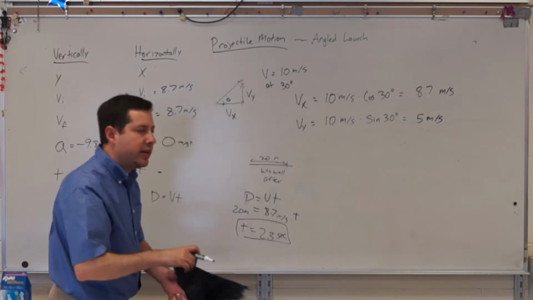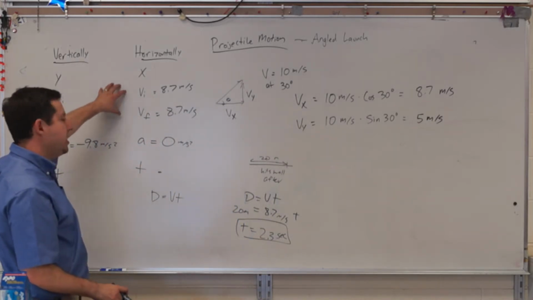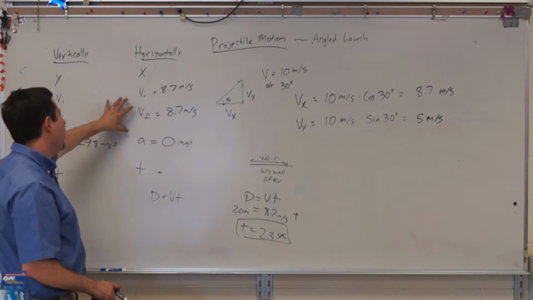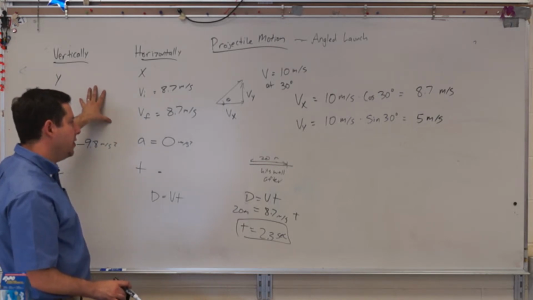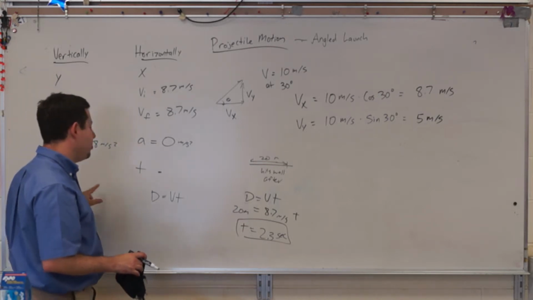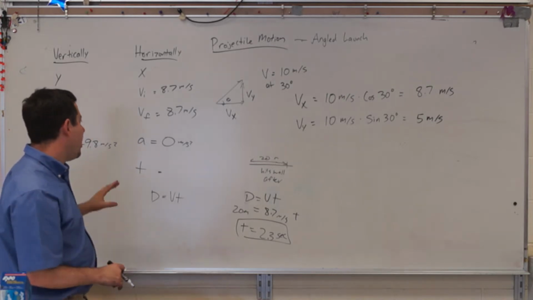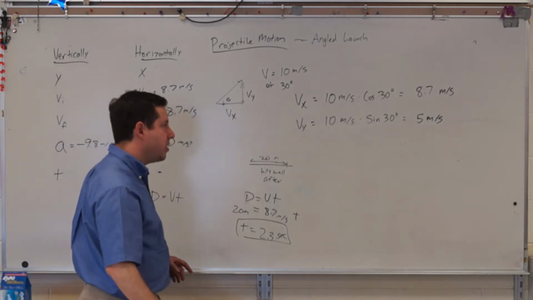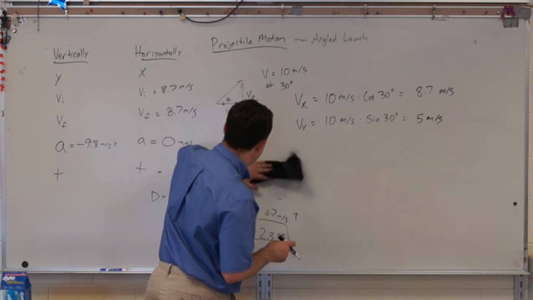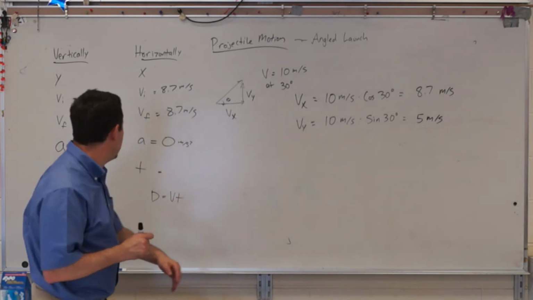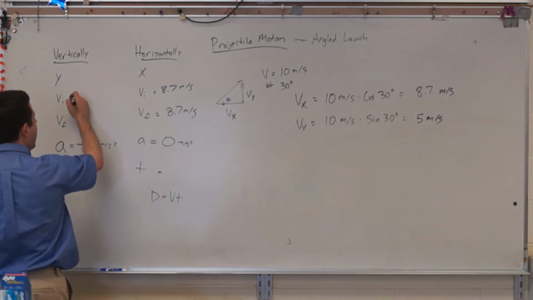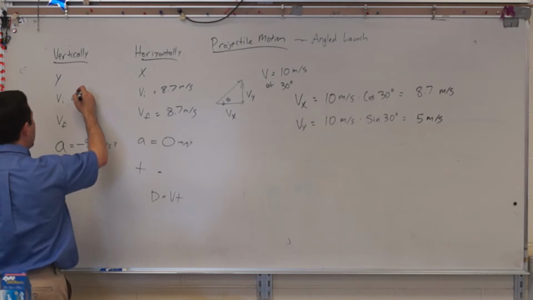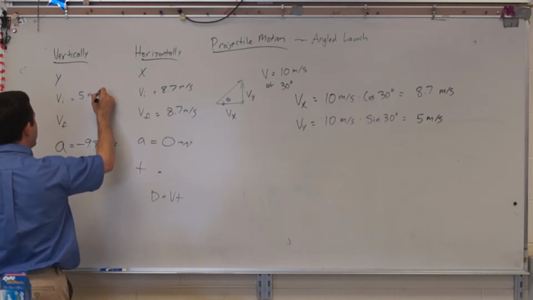So often these questions can be solved by breaking it down into its two components and figuring out which one you need to actually solve the problem. On very rare occasions you might need to deal with both, but oftentimes just solving it with one of them is enough. Let's look at the vertical motion now. Vertically, we know that it is going at 5 meters per second.